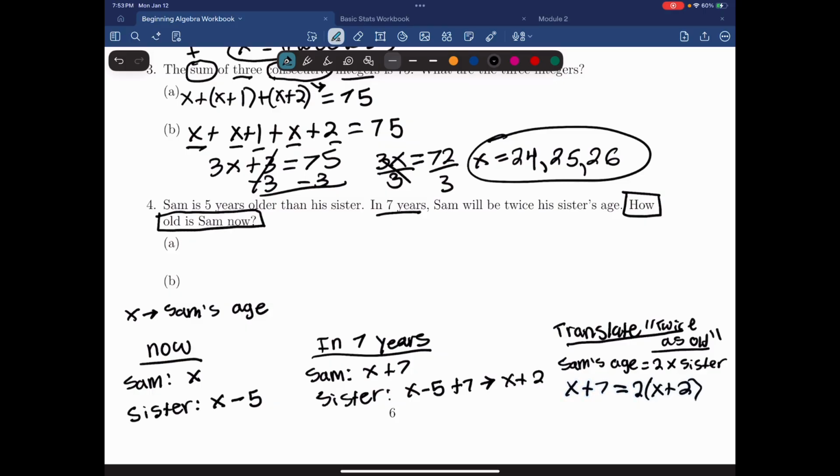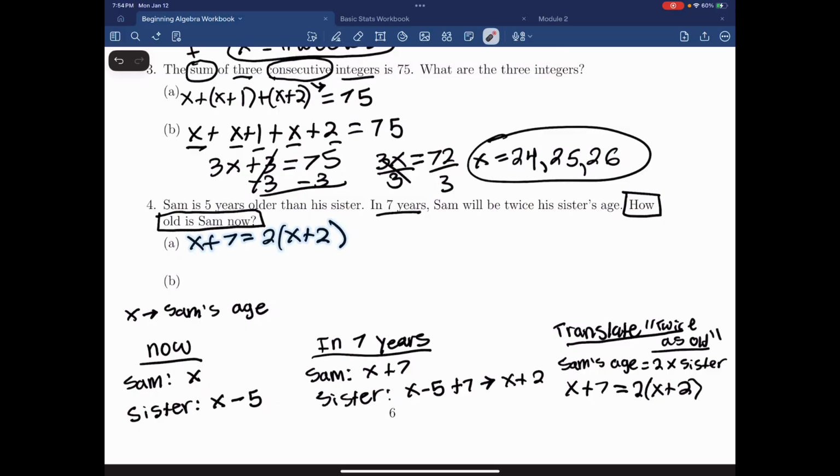So this is our algebraic expression. We have x plus 7 equals 2 times x plus 2. Now that we have the expression, all we have to do is solve for x, and that's Sam's age right now, because as we defined earlier, x is Sam's current age.